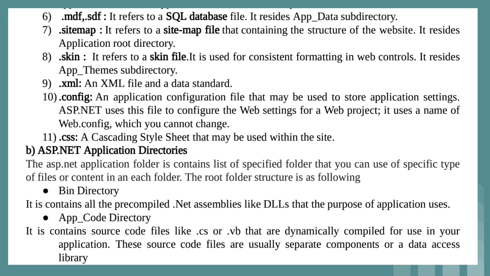So the first folder is the bin directory. Basically all the pre-compiled .NET assemblies like DLL files are present inside bin. Bin is actually the main folder. In the case of Turbo C also we use this bin.